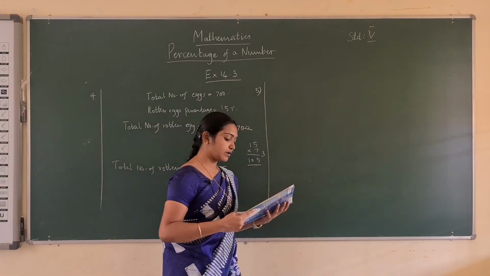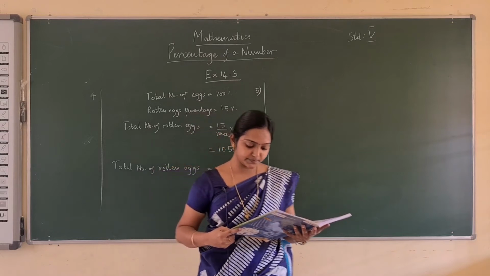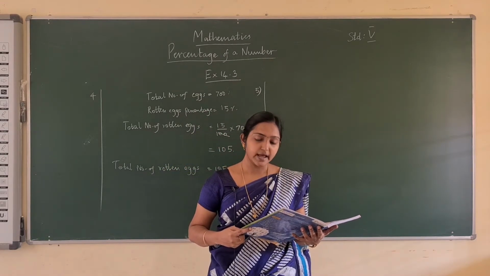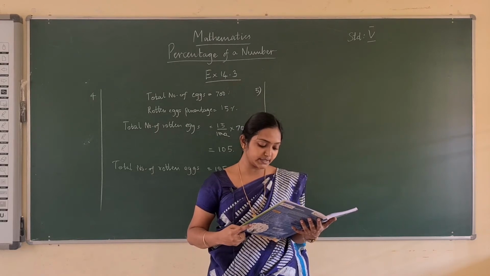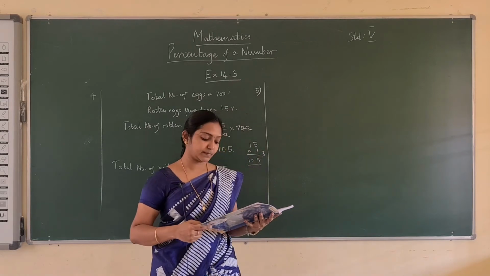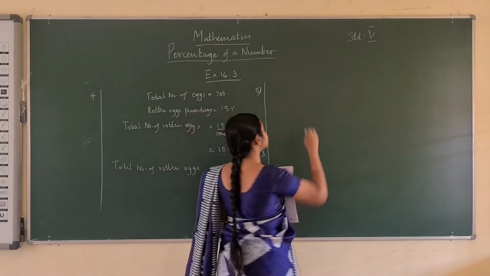Next, fifth question. The weight of a sword is given as 8 kg. It is made up of 44% of iron and 56% of other metals. What is the weight of other metals in the sword? Weight of the sword is given first.